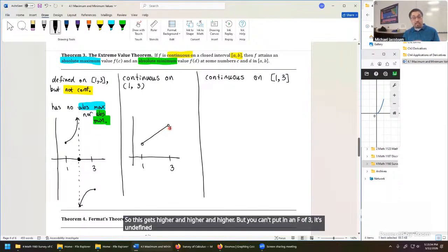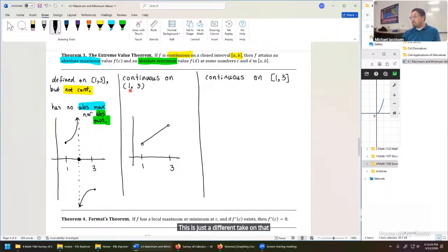This is much like the last part of example 1 we were looking into. This is just a different take on that. So this one has no absolute max because of the open hole right here, and it has no absolute min.